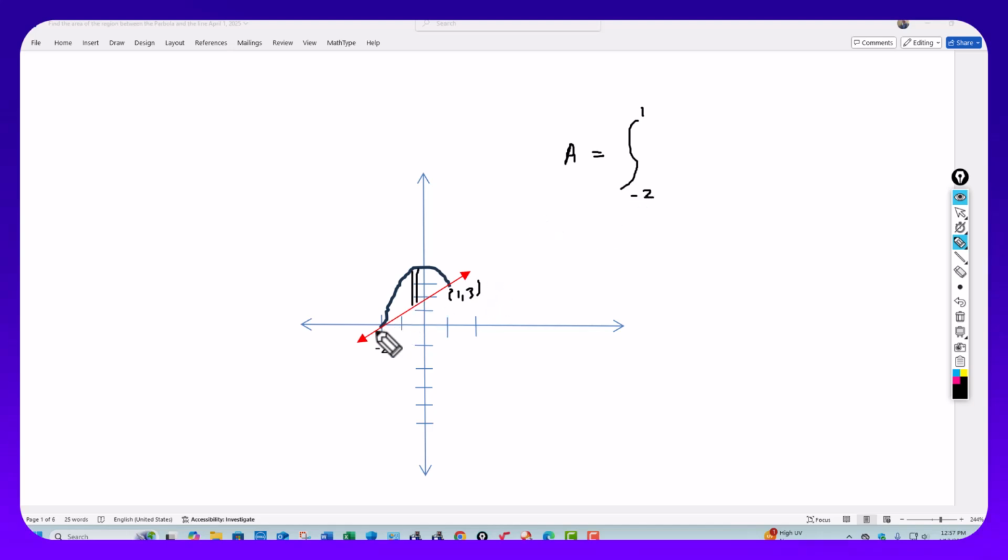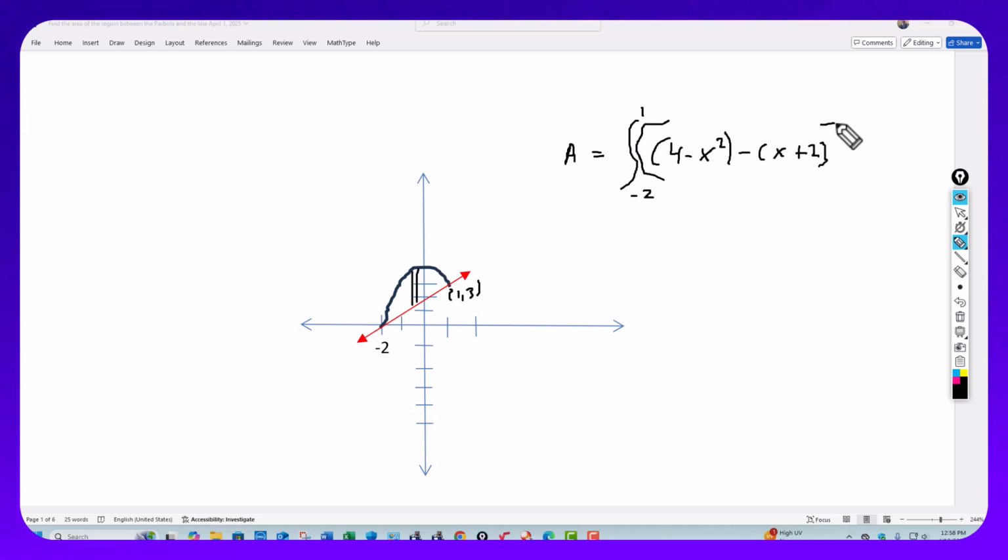So that's the interval we're going to integrate on, minus 2 to 1. And then it's f of x, which is 4 minus x squared, minus, top minus the bottom, so minus the g function, x plus 2 here.